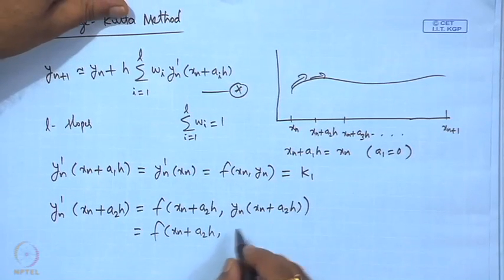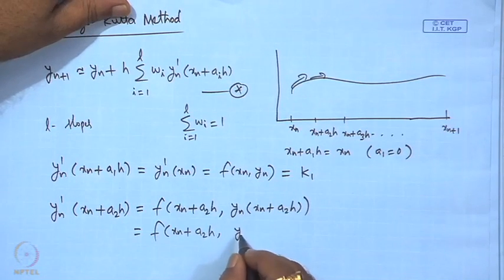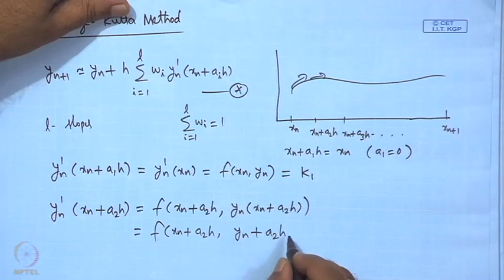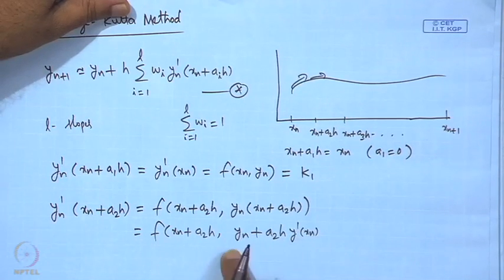So, this is y n plus a 2 h y dash of x n. That means in the Taylor series we have neglected the second order onwards, that is what we have. Okay.